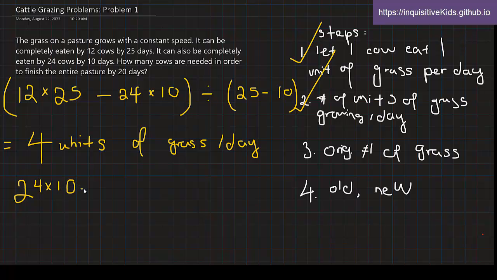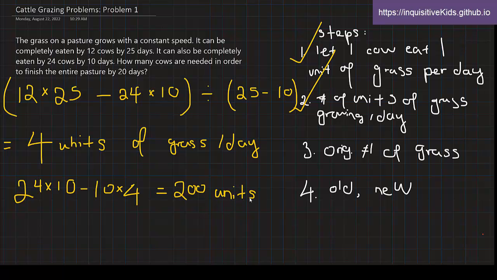And then you subtract 10 times 4. 4 is the number of units of grass grown per day. So 10 times 4 would be the amount of grass that was growing in these 10 days. We know that there are 4 units of grass per day and there are 10 days. After you find that, you have 200. So the original number of grass was 200 units of grass.